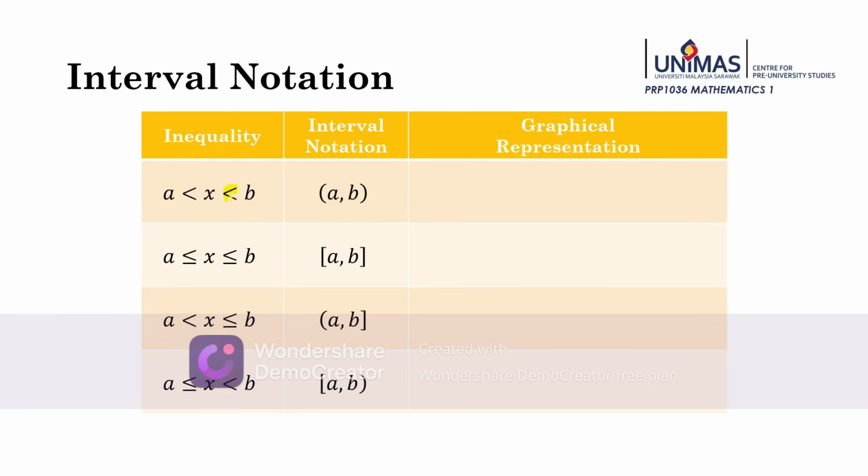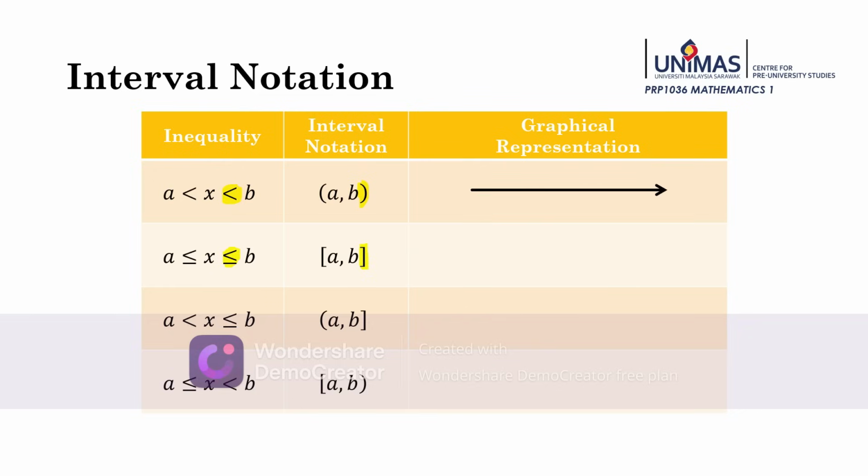If you have greater than or less than, without the equal sign, you call this an open bracket. If you have the equal sign, we use a square bracket, so we call this a closed bracket. So open bracket for non-equal sign, closed bracket for equal sign.